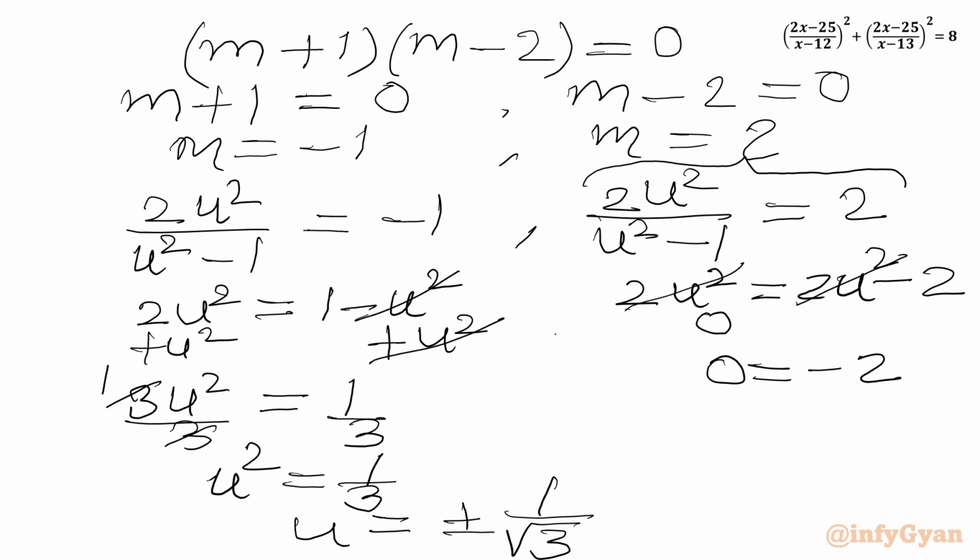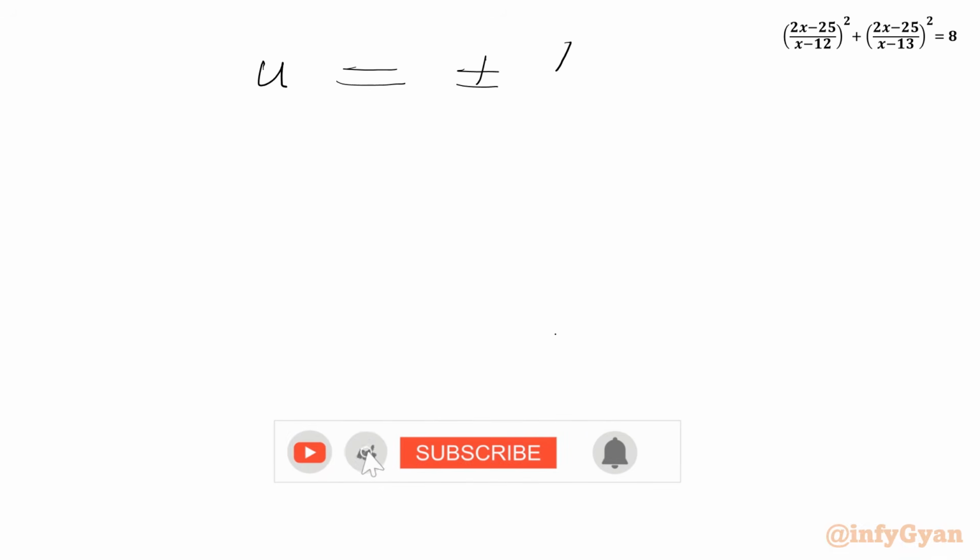In real mathematics, this is not true. So we are going to reject this equation. This cannot be true. So the accepted u would be plus minus 1 over square root 3. Let me write here u equal to plus minus 1 over square root 3.